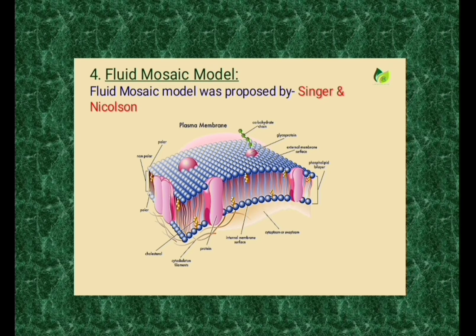The proteins occur as discontinuous particles that penetrate deeply into the lipid sheet. The protein particles resemble floating icebergs in a sea of lipids. You can see the picture. This is the famous, widely accepted model proposed by Singer and Nicolson.